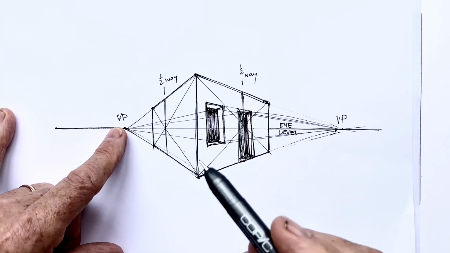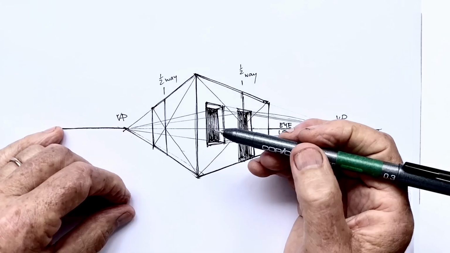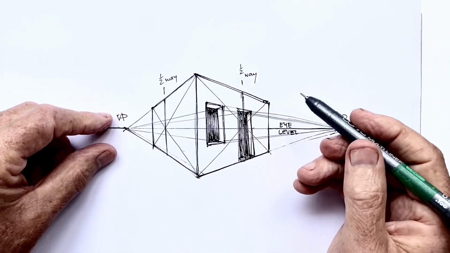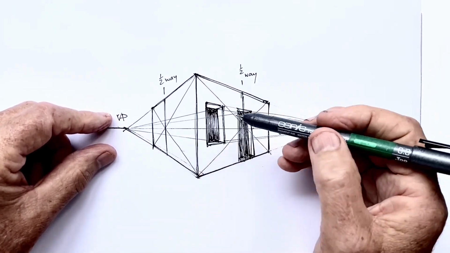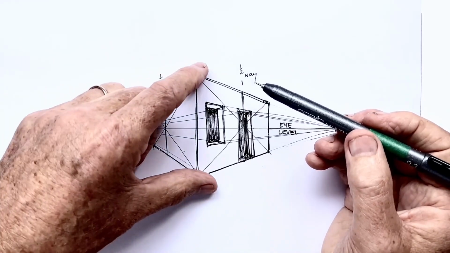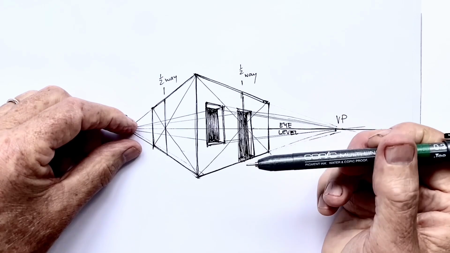The other key thing, which we'll use in our drawing in a minute, is to realize that these angles are formed by the fact that an object gets smaller as it moves further away from us. And because a building is so large, the one wall can get smaller as it moves further away from us.